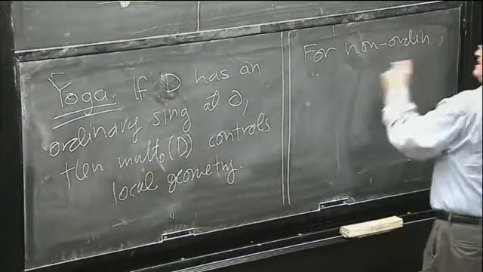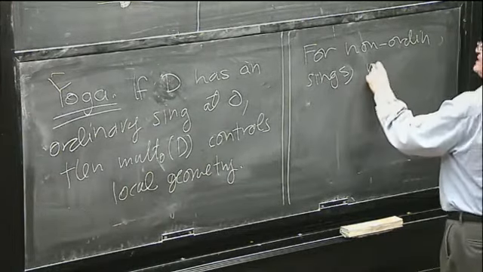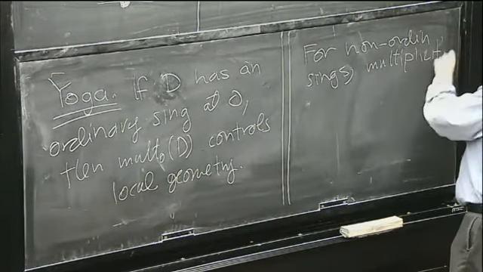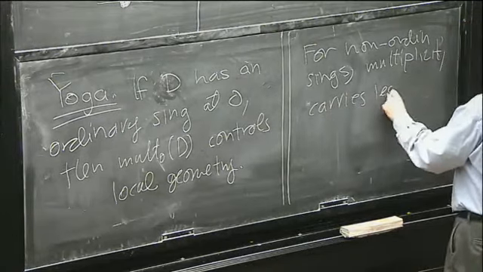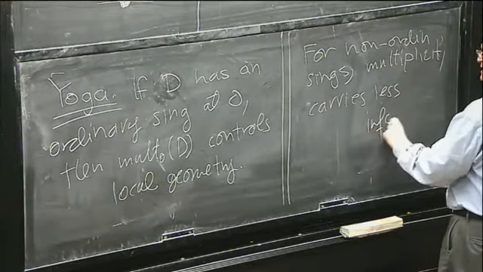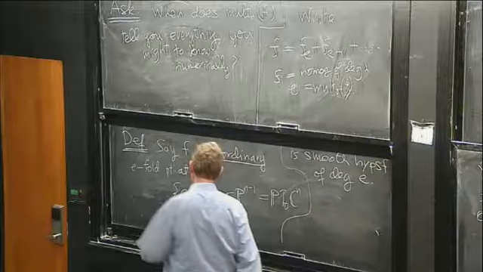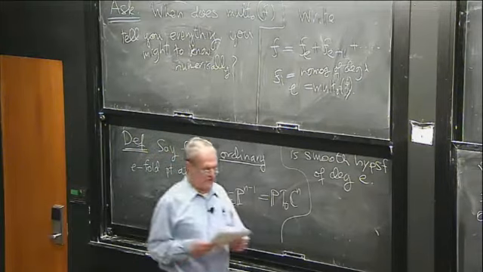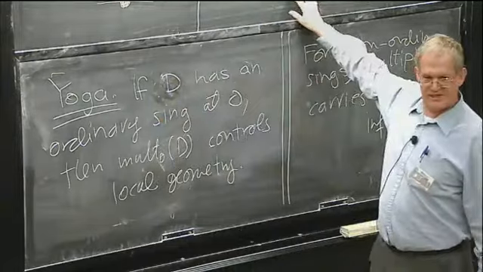the multiplicity carries less information. So exactly what I want to do for the rest of this talk, and what the other talks are going to do, is to define and study some invariants that give more numerical information about the singularity in the non-ordinary case.